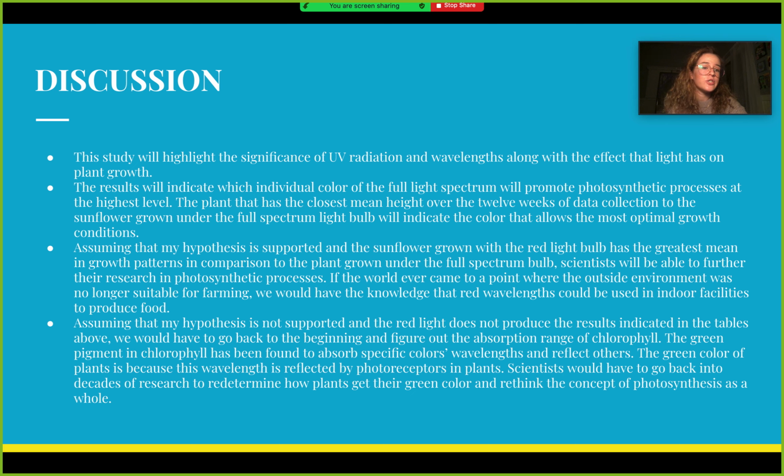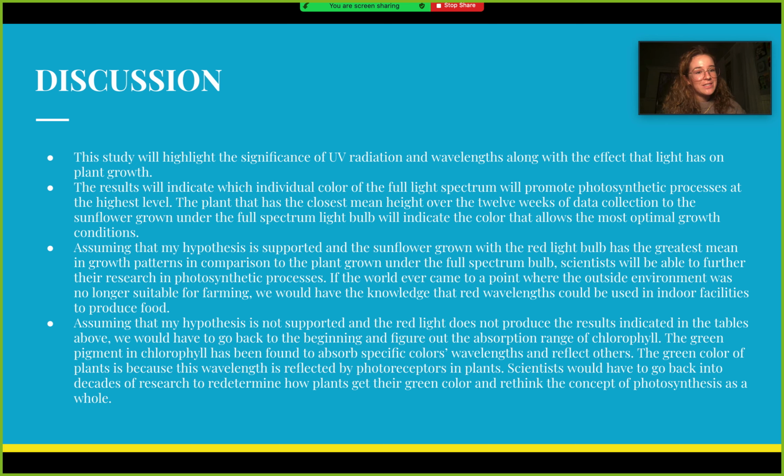And on the other hand, assuming that my hypothesis is not supported and the data does not support that the flower grown under the red bulb will be the tallest plant, scientists will actually have to go back in decades of research and studies and redetermine the effects of the photoreceptor light absorption on plant growth. So let's just say that the plant grown under the green light came out to be the tallest.